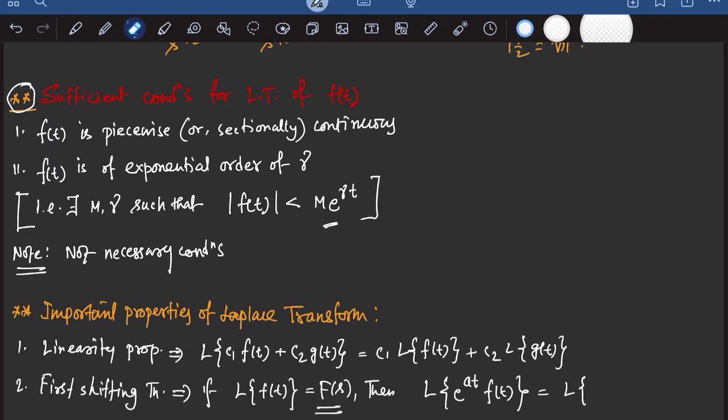Previously it was F(s), so the Laplace transform with e power at gives F of s minus a. This is the first shifting theorem. It is very important and frequently applicable in practice, so you can make a note of this. Just see, e power at is in multiplied form, so immediately F of s minus a. This is the first shifting theorem.